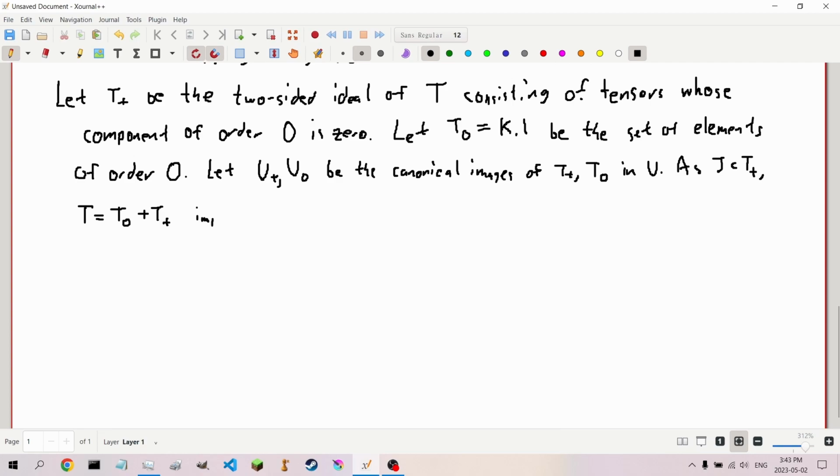And this implies that U is decomposed the same way. That wouldn't technically be wrong, right? But I want to keep things clean.